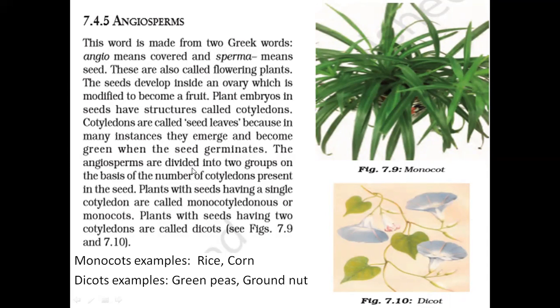The angiosperms are divided into two groups on the basis of the cotyledons present in them: the plants having a single cotyledon, which are called monocotyledons or monocots, and plants with seeds having two cotyledons, which are called dicots. Examples are rice and corn for monocots, and green peas and groundnut for dicots.